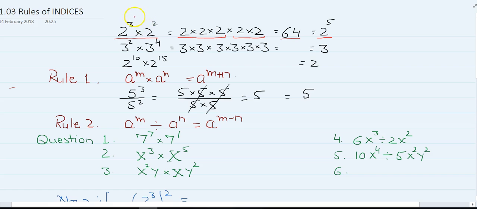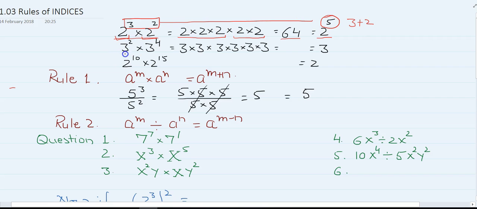So what we are saying is, if we multiply numbers having different powers and the same base, the base must be the same. Here the base is 2 and the powers are 3 and 2. So the resultant will be 5. You can see easily it is 3 plus 2.